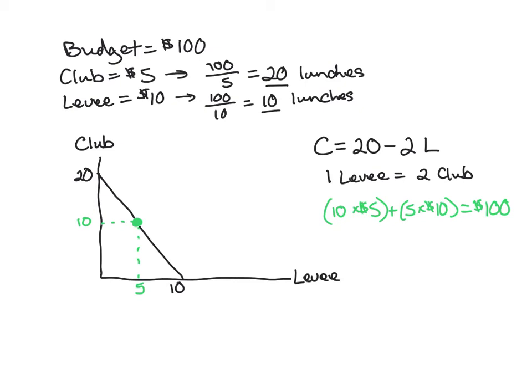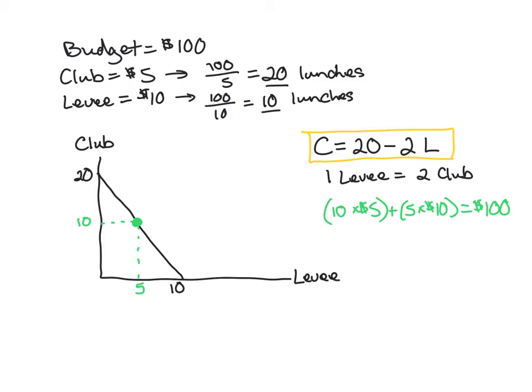The other way to answer this question is to use the equation for the budget constraint. So we can plug in either 5 for the levy in this equation, or we can plug in 10 for club in this equation, and then solve the equation to see what is possible.